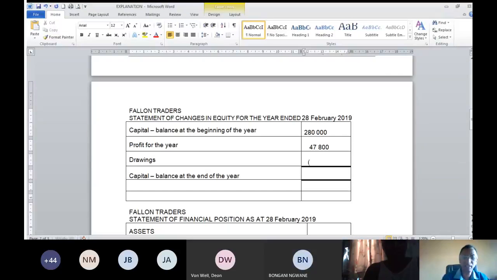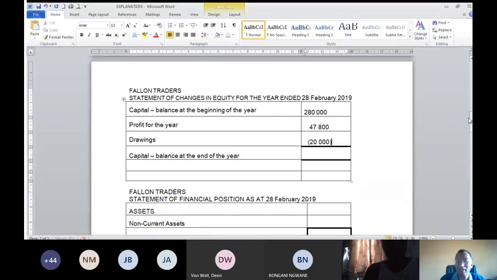The drawings for the year, go to your trial balance, you calculate your drawings for the year, and the drawings for the year is an amount of 20,000 rand. Because the drawings must be subtracted, guys, you will show the amount in brackets. The amount of your drawings must be indicated in brackets.